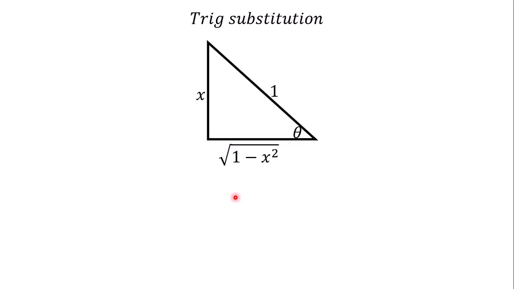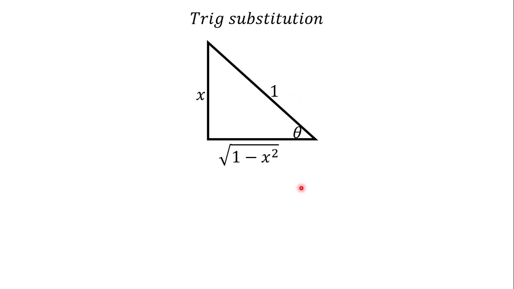So when we choose, let's say, cosine will give us what? Adjacent over hypotenuse. That is this side over this side. But to differentiate, we'll take a little bit of time. Sine will give us what? X over 1. That is sine theta will be equal to what?